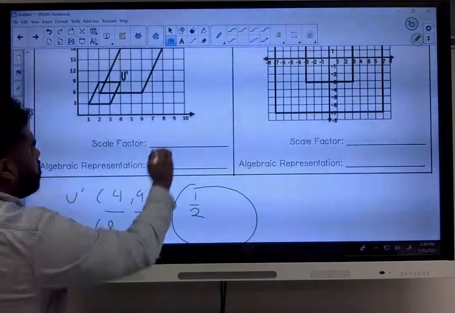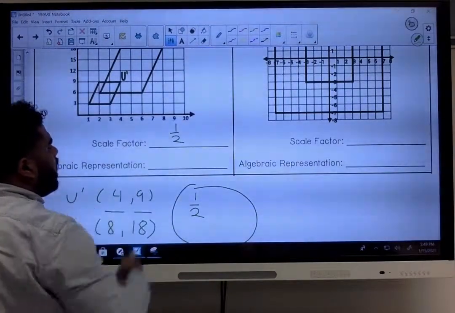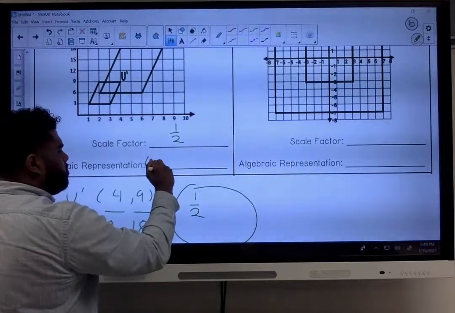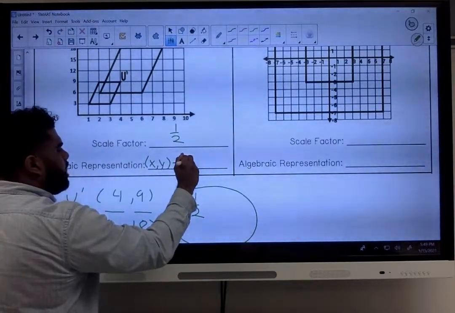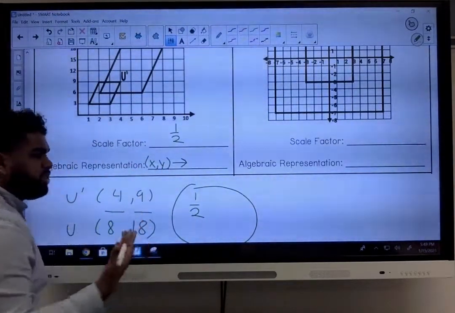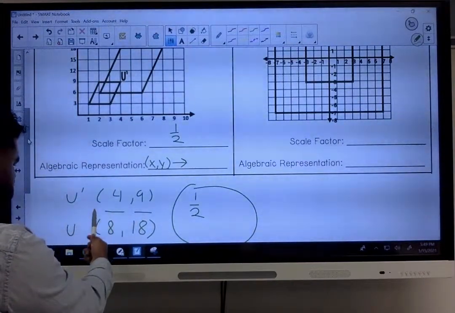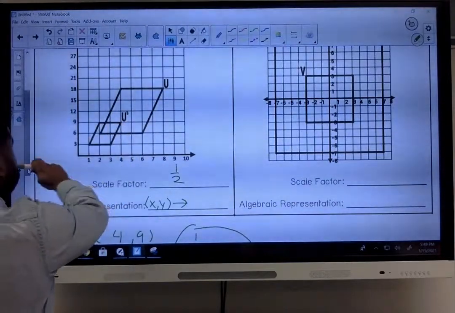So how do you write it out in an algebraic representation? Well, we always start out with x and y. Again, I draw an arrow after it to tell me that a transformation is happening. How do we get from the original u to the u prime?